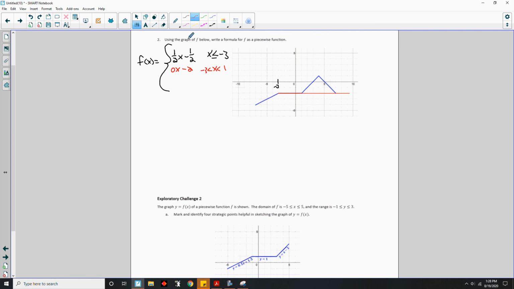So 0x minus 2 you can have, or you could just have negative 2 if x is between negative 3 and 1. Okay, next piece.